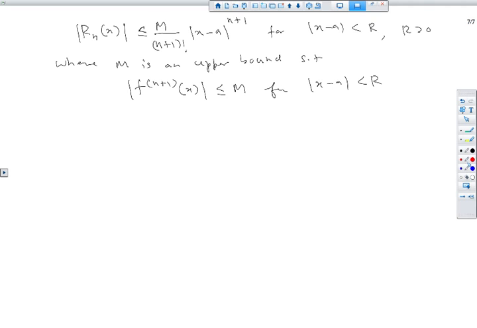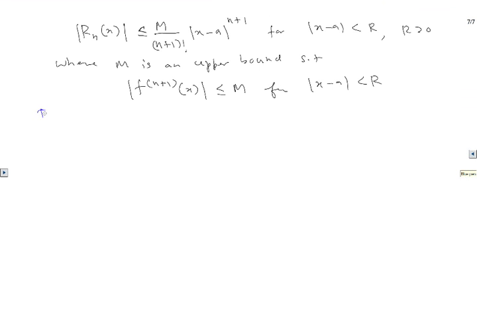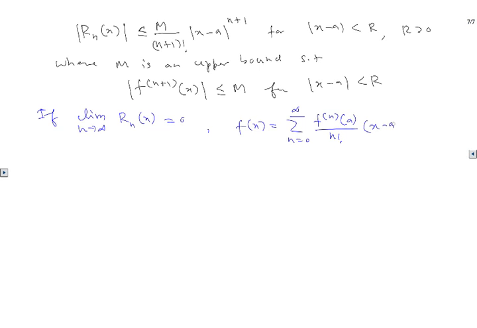So we can write this: if the limit of the error term Rn equals 0, then we can write f(x) simply as the Taylor series, the sum of f^(n)(a) over n factorial times (x minus a) to the n.